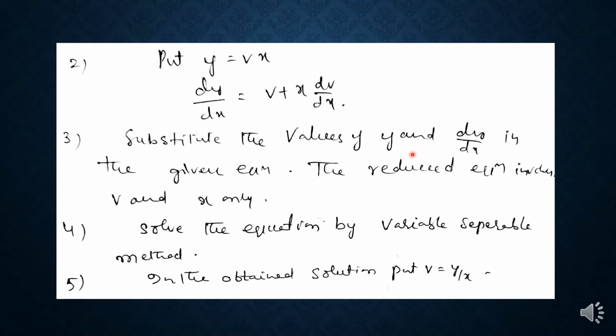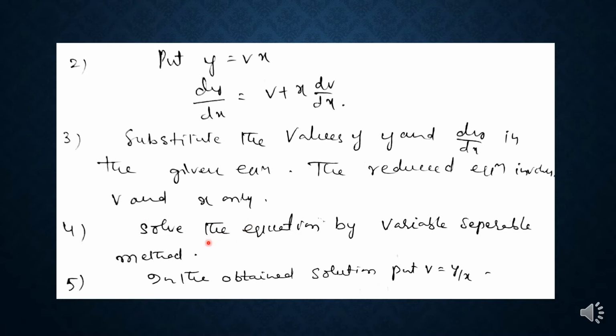Substitute the values of y is equal to vx and dy by dx is equal to v plus x dv by dx in the given equation. The reduced equation involves v and x only, y will disappear. So we get the equation in terms of v and x only.